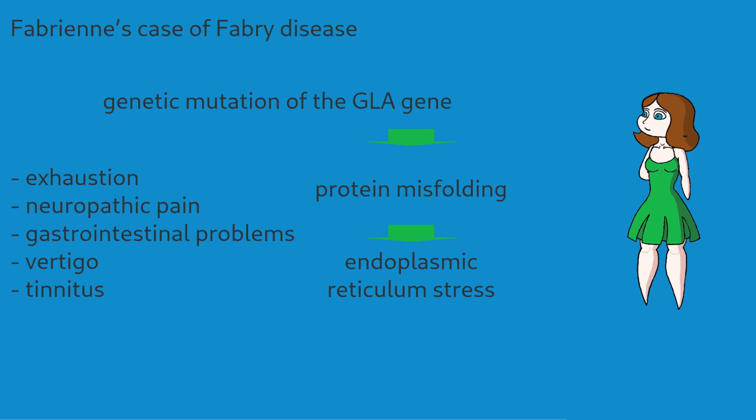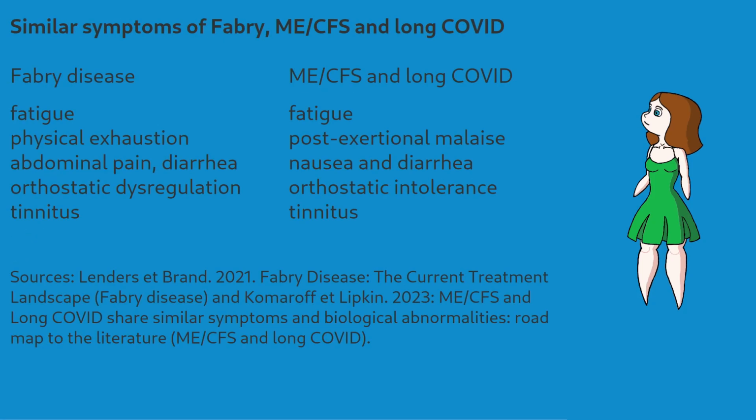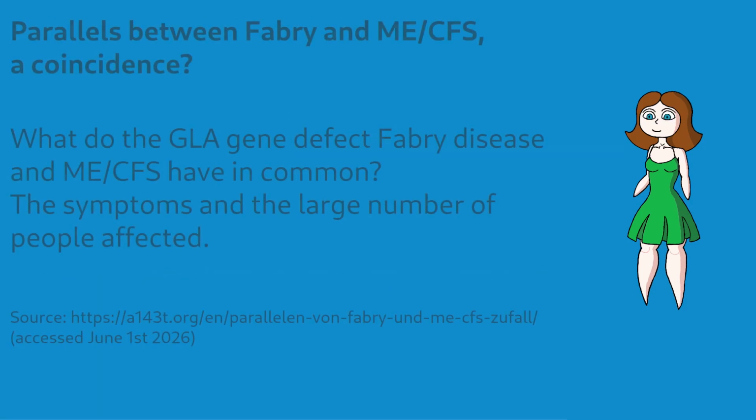Some of those symptoms are exhaustion, neuropathic pain, gastrointestinal problems, vertigo, tinnitus. Fabry has long noted that there is an overlap between her non-specific Fabry symptoms and other disorders like ME/CFS and long COVID. In this, she is not alone.